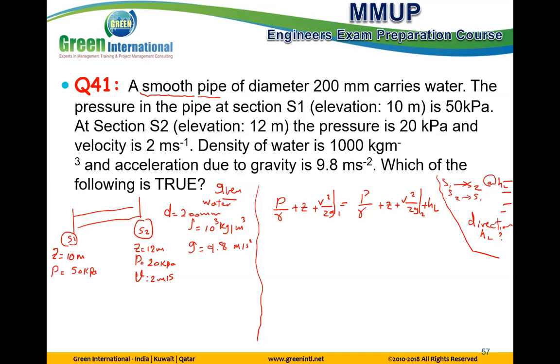But actually we have two parameter effects here. What are these two parameters? Pressure and elevation. If you check elevation 12 and 10, I agree with you. But on the flip side, you can see 20 kilopascal and 50 kilopascal, and the flow also goes from the large value to the low value.